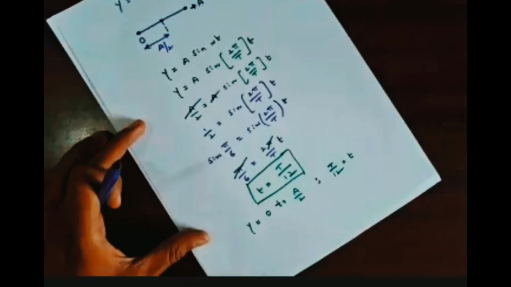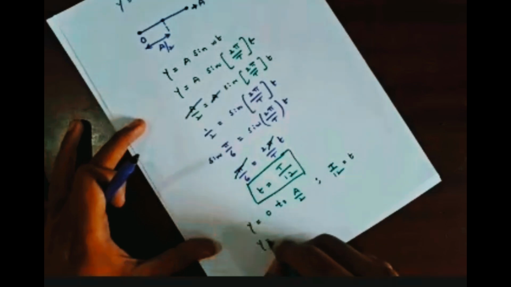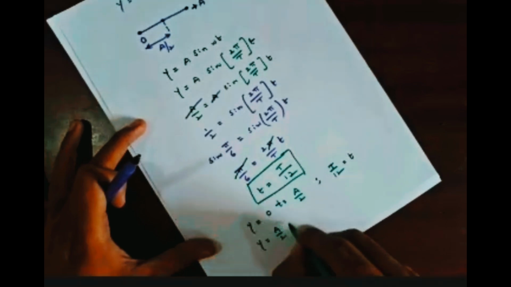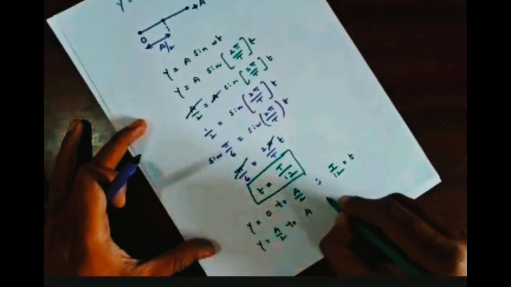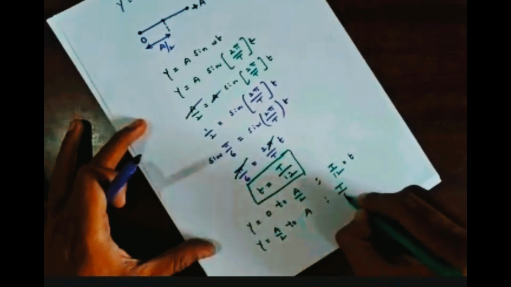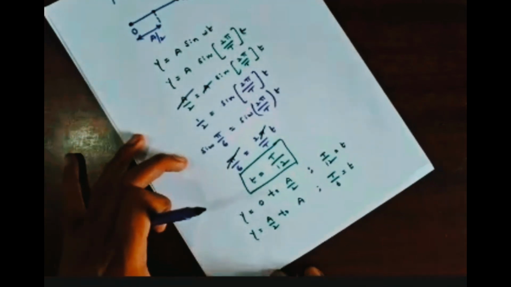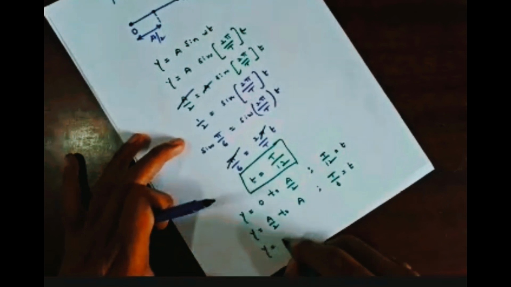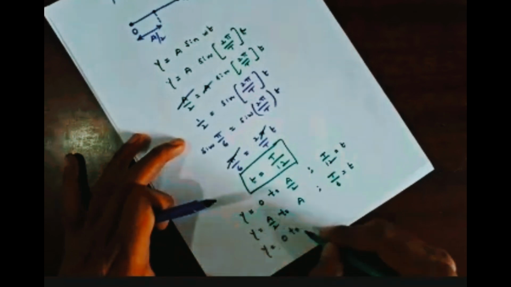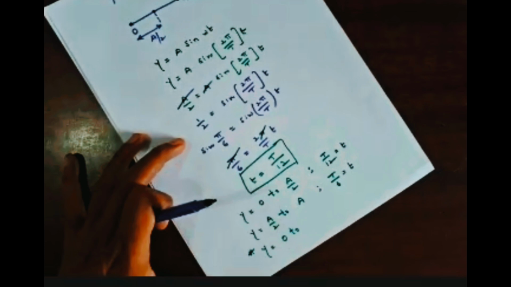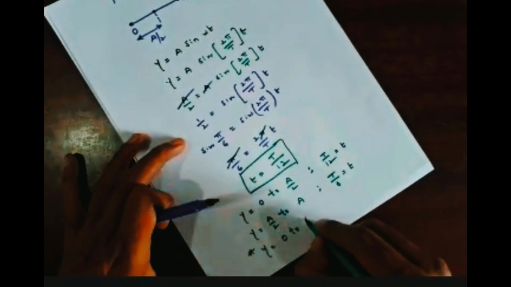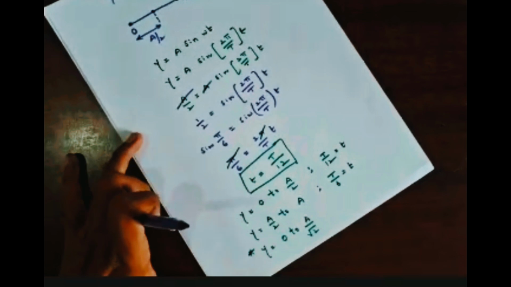Okay, and in the same way, y is equal to a by 2 to a, and what is the time? T by 6. And y is equal to 0 to, this is very very important, y is equal to 0 to a by root 2, that is 1 by root 2 times the amplitude.